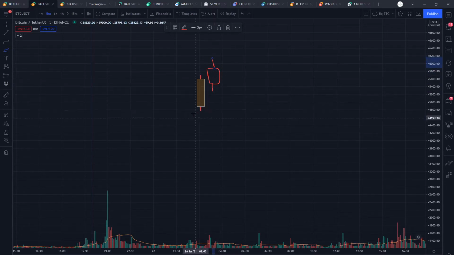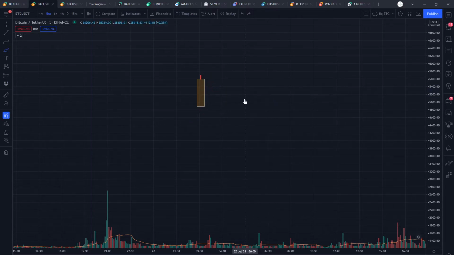But let's say we also have a wick down here and a body down here. In this case, there'd pretty much be no imbalance because you can see the wicks of these candles fully cover up the body of the center candle. So pretty much price has reached all the levels inside this range.